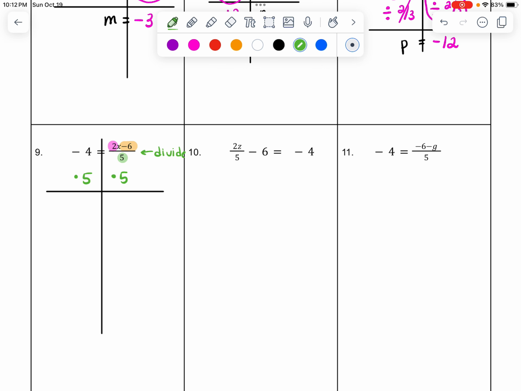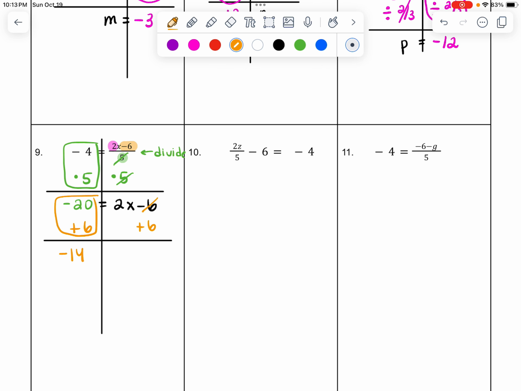When I do that, on the left-hand side, the negative 4 times the 5 is negative 20. And on the right-hand side, the 5's cancel, so all I have left is 2x minus 6. Then again, I'm going to go from farthest to closest. So the next thing I'm going to do is plus 6 on both sides, which means on the left-hand side, negative 20 plus 6 is negative 14.